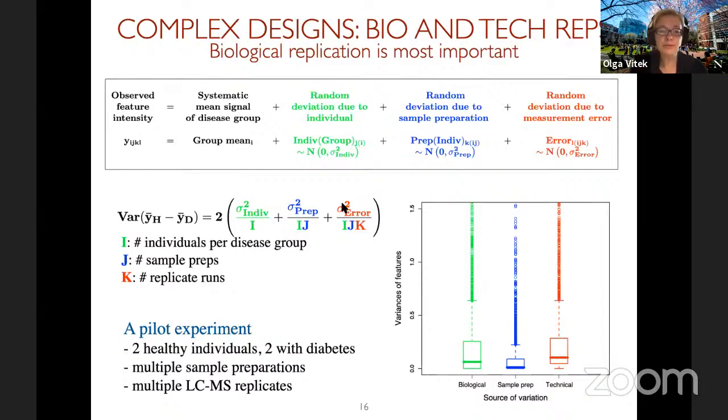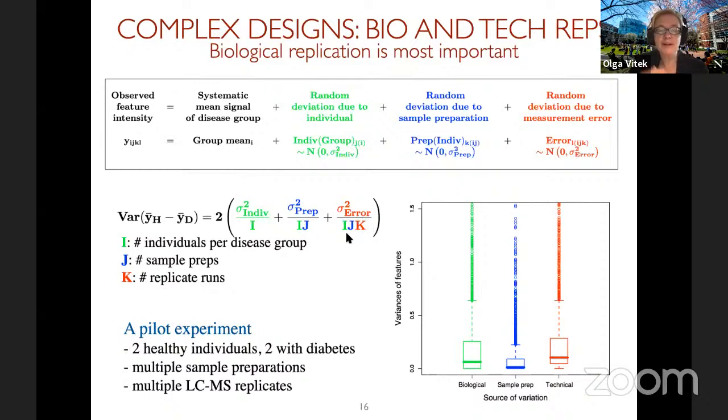So long story short, you see that there is a number of replicates associated with each of the terms of these variances. In particular, if I increase the number of technical replicate runs, I will reduce this component of the variance. If I increase the number of times I do sample prep for each sample, I will decrease this component of the variance. But if I increase the number of biological replicates, this will reduce the overall noise associated with the signal.